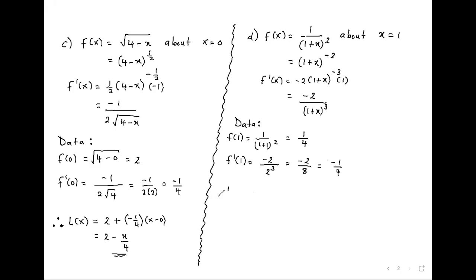Then we linearize. So this will be 1/4 minus 1/4 times (x minus 1).